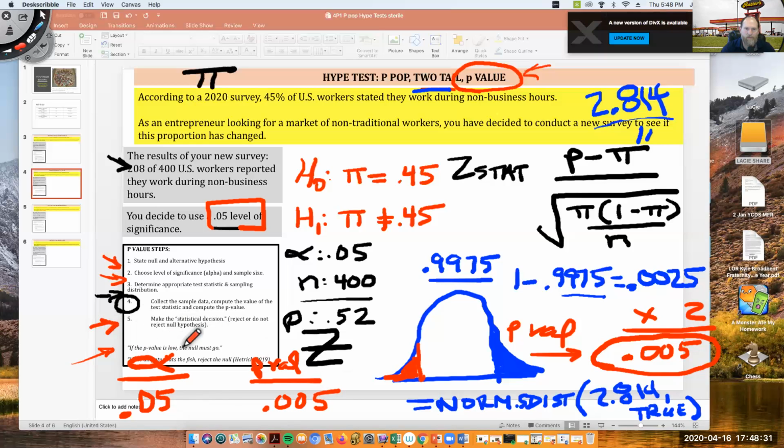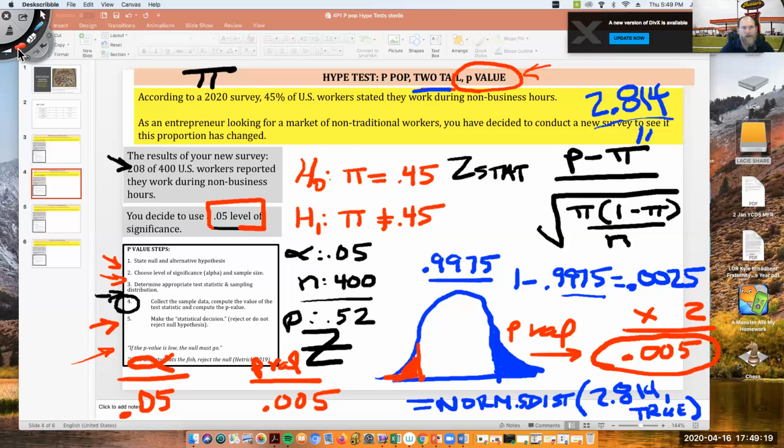So what this, if the p-value is low, the null must go, means is that if the p-value is less than alpha, then you will reject the null hypothesis. I'll say that again. If the p-value is less than alpha, you will reject the null hypothesis. If it isn't, you won't. Essentially, it's another decision rule, if you want to put it that way. So the phrase really should say, if the p-value is lower than the level of significance, then reject the null.